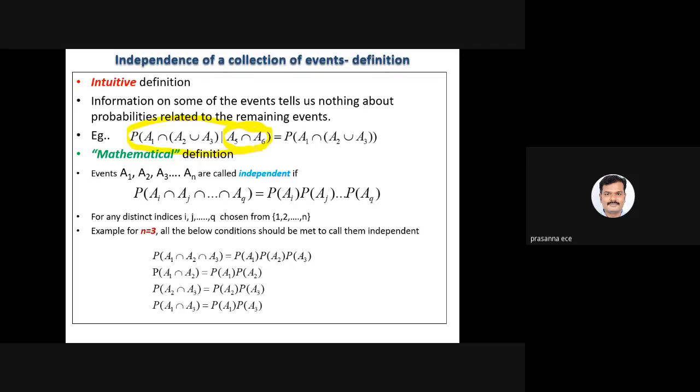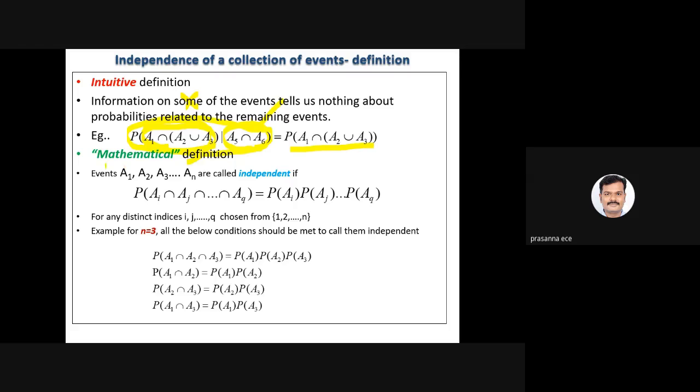This is a combination of some collection of events, and this is a combination of some other events in the same sample space. If information about the occurrence of this combination of events does not provide anything about the occurrence of the other combination, then we say that the events are independent. This is a very clumsy way of defining independence, and it is an intuitive way. We say that this conditional probability is the same as the initial belief about the combination of events.